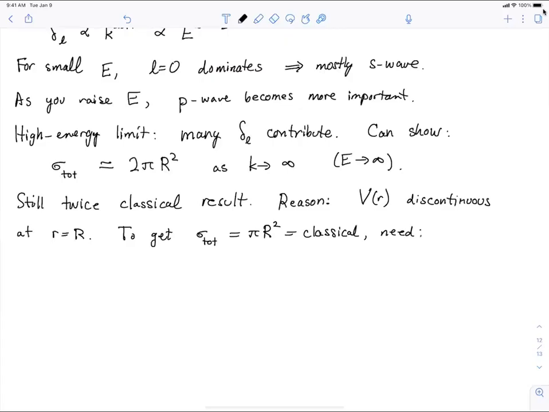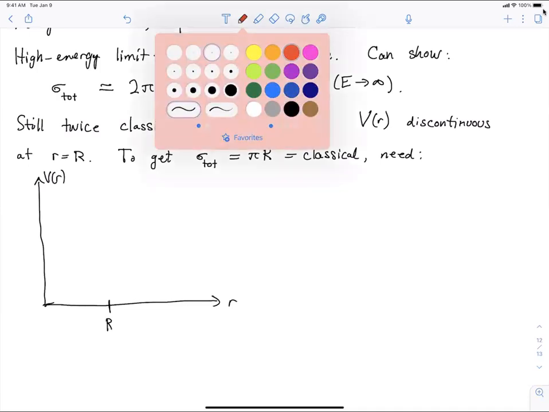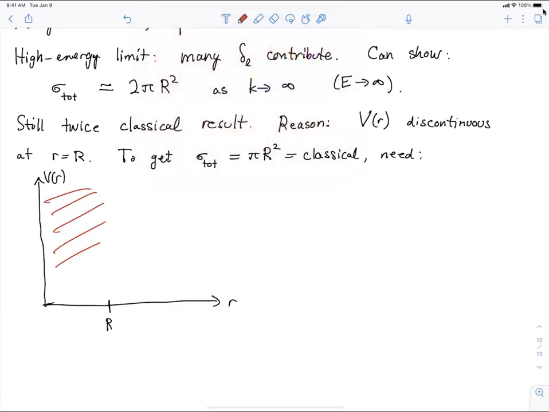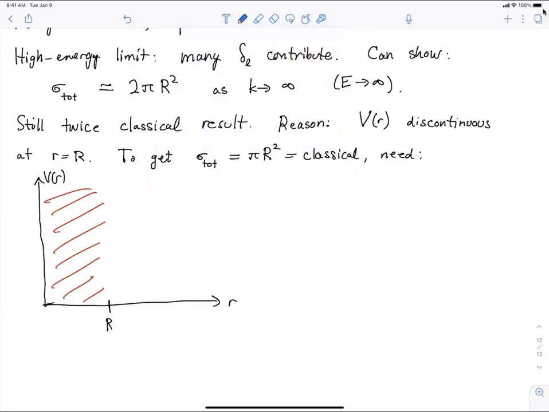So what you need to do is consider a modified potential that's more like what real world scattering from a hard sphere would look like. Here's R. And it's still going to be forbidden in this region. You're still not allowed to be in here. But then outside the sphere, instead of jumping all the way from 0 to infinity, it does something more smooth like that.